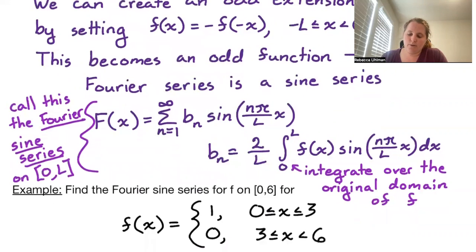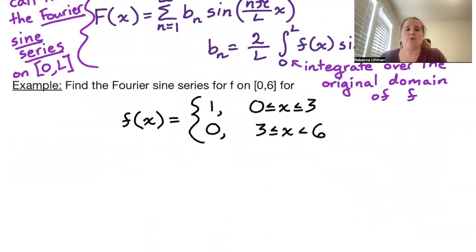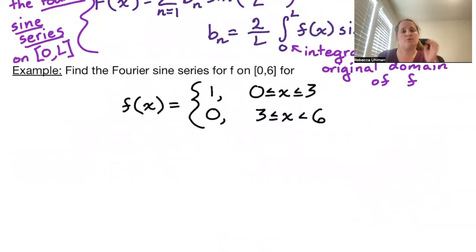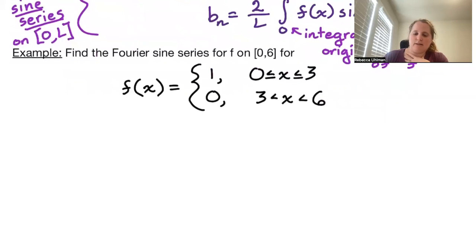So in our example, we are going to work with the exact same function we worked with previously and find its Fourier sine series. So once again, f of x is 1 for 0 less than x less than or equal to 3, and f of x is 0 for 3 less than x less than or equal to 6.